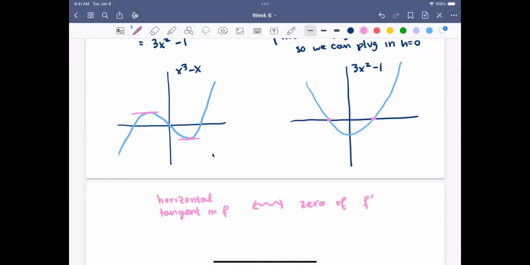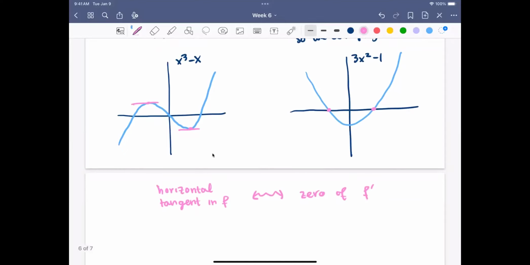Another thing is whenever I have positive slopes, so when my function is increasing, that corresponds to when the graph of F prime is above the x-axis. So I get that F is increasing corresponds to whenever F prime of X is greater than 0.